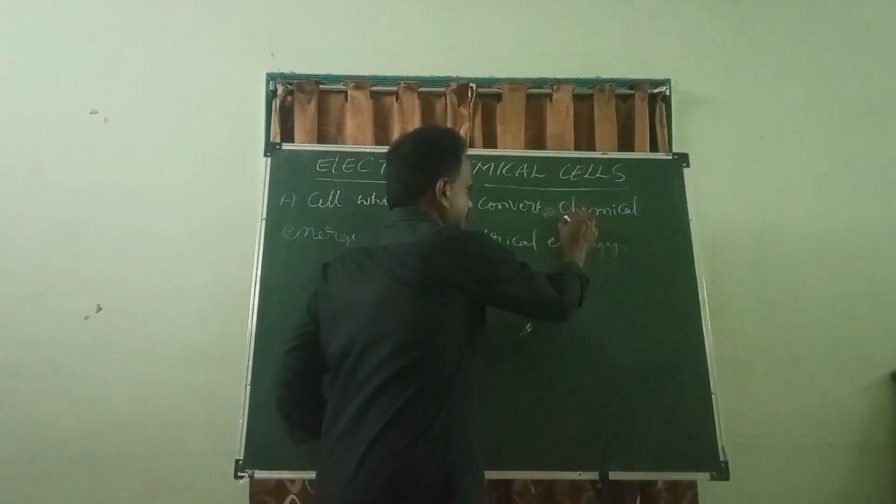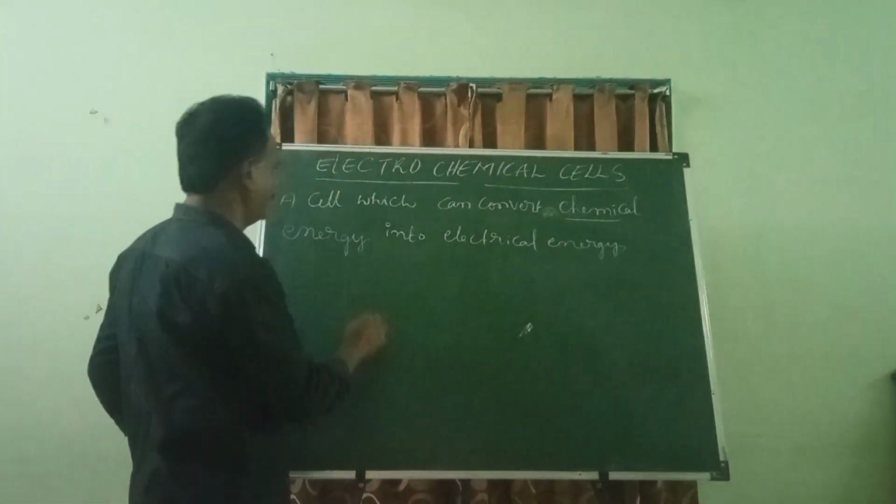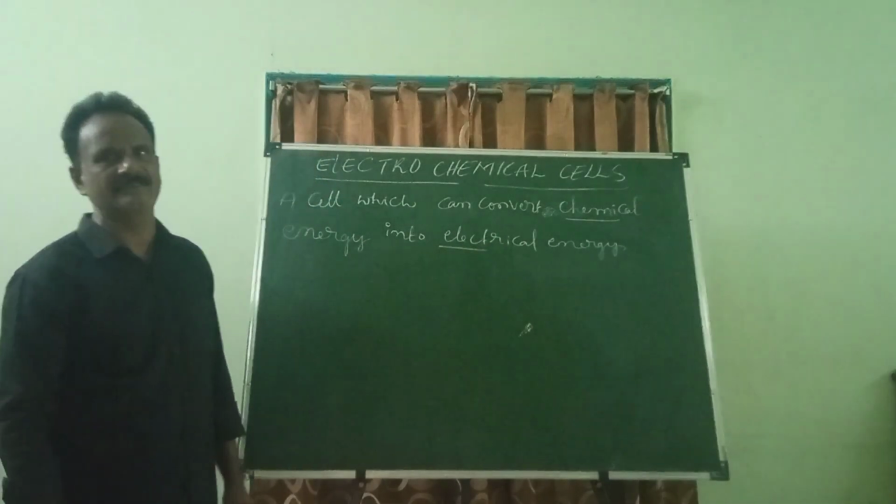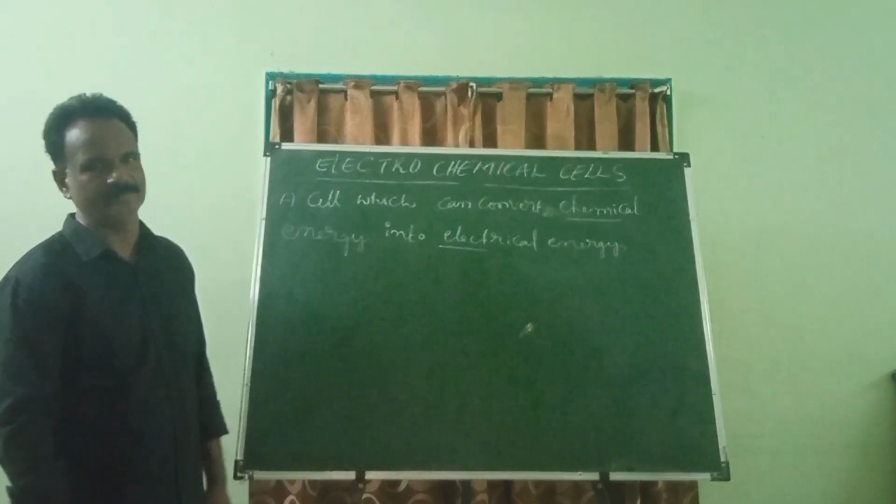Okay. A cell which can convert chemical energy into electrical energy is called as electrochemical cell.